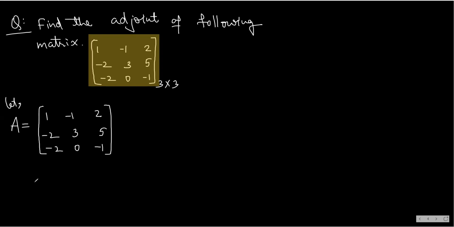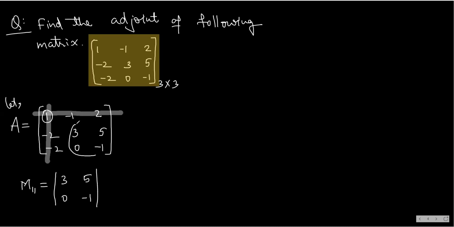And see, how do I get M11? Learn this. To get M11, which is the minor of this element, you will ignore this row and this column. See, when you do that, what do you get? You get a determinant, which is 3, 5, 0, -1.